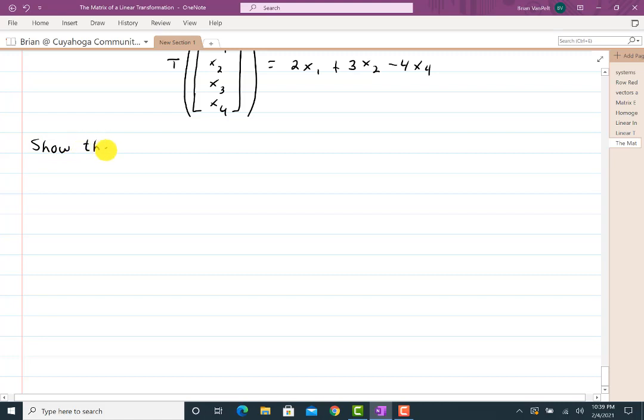Show that T is a linear transformation by finding the standard matrix for T.